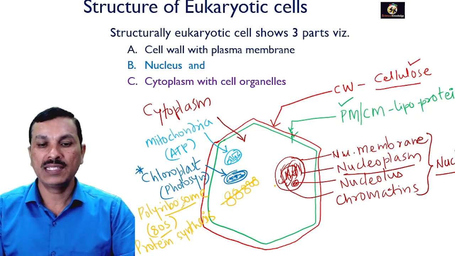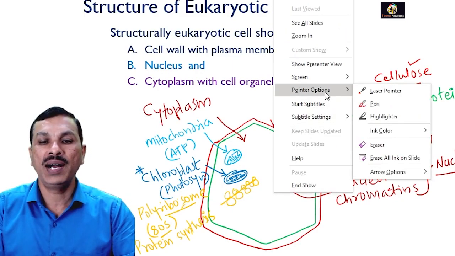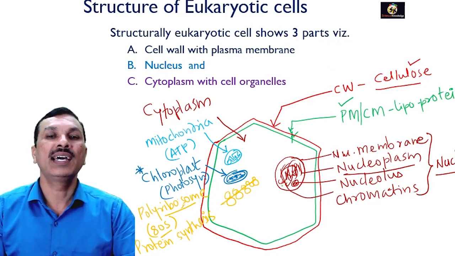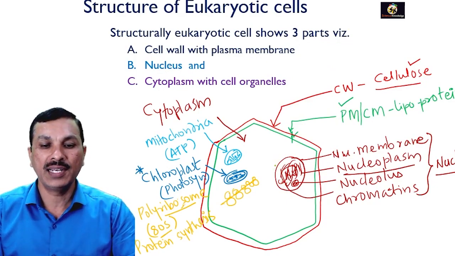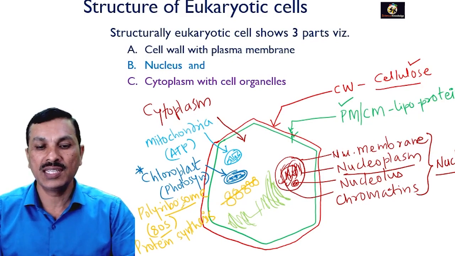Now, the cytoplasm is divided into a number of further compartments by an endomembrane system, and this endomembrane system is called the endoplasmic reticulum. So I will draw the endoplasmic reticulum here. This is a membrane system interconnected with each other.